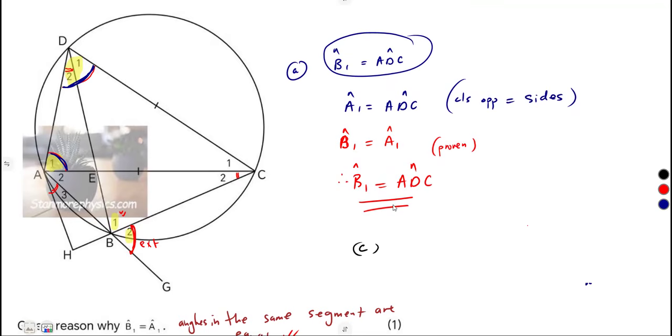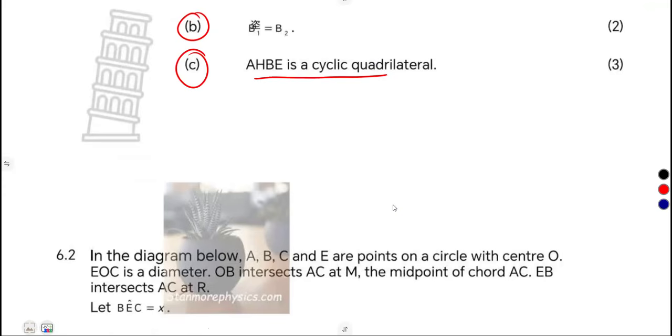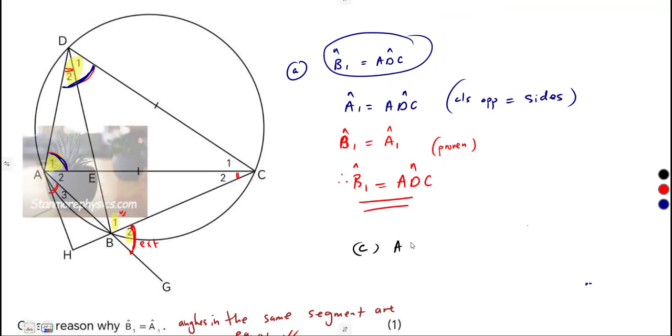Then let us consider part C. All right, this is now C. AHBE is supposed to be a cyclic quad. What can we do to prove this? From A to H to B to E, this one is a cyclic quad.